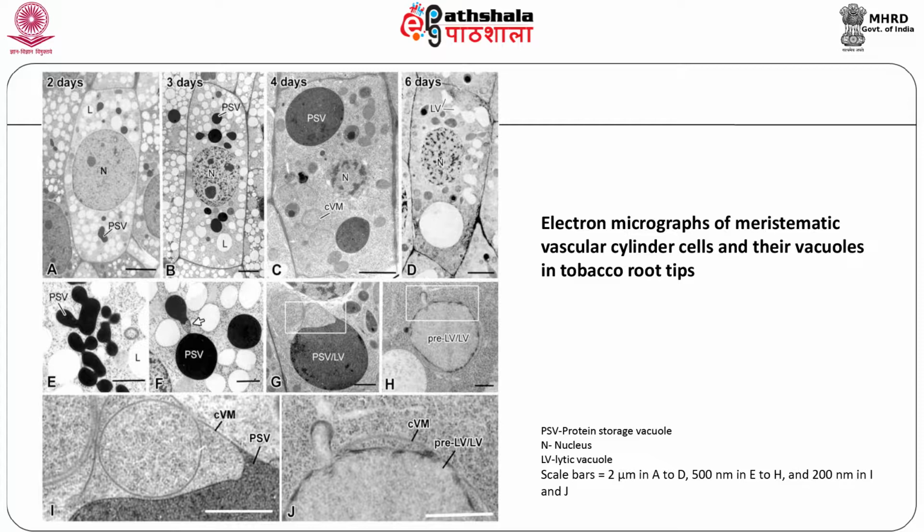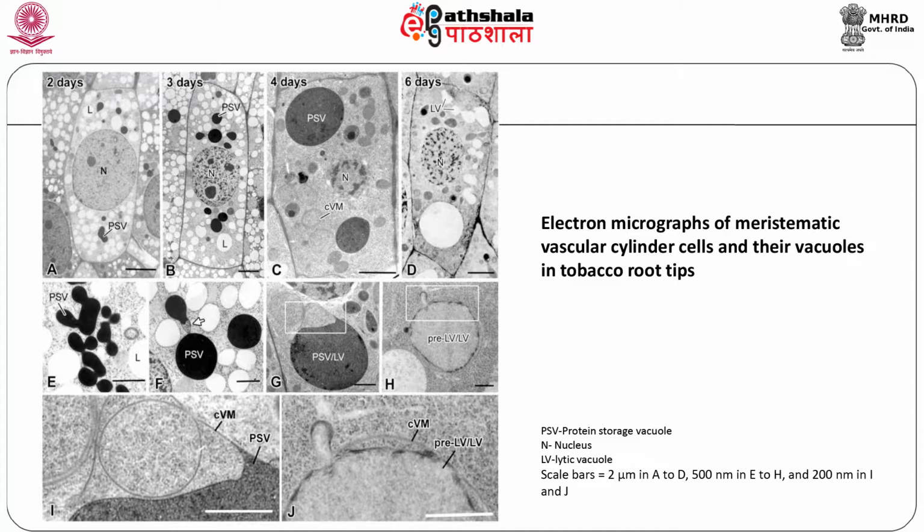The staining of the vacuolar content is variable, and occasionally fragments of membrane-like structures are also seen within the vacuoles. In D and H, in the 6th day root, some cells possess a mixture of mature LVs with unstained lumina, whereas others contain pre-LV or autophagic type vacuoles with typically lightly stained flocculent contents and patches of darkly staining material.